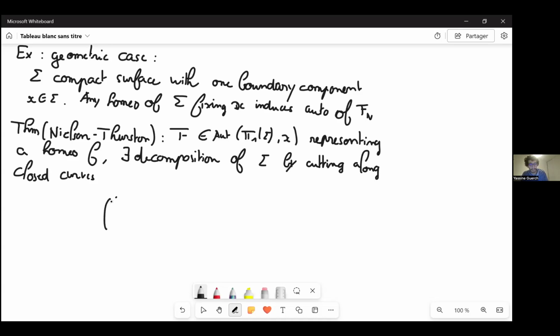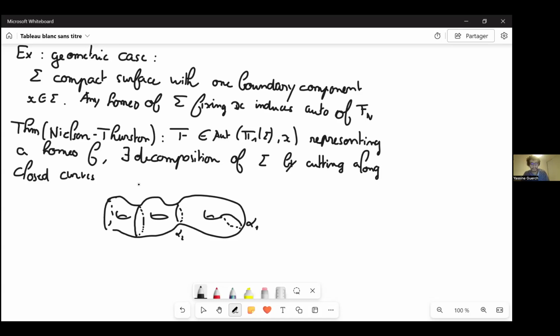So if I represent my surface sigma as follows, you can find closed curves alpha 1, alpha 2, and alpha 3.